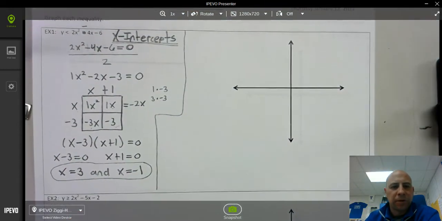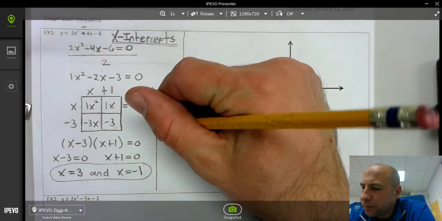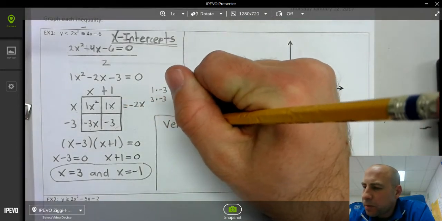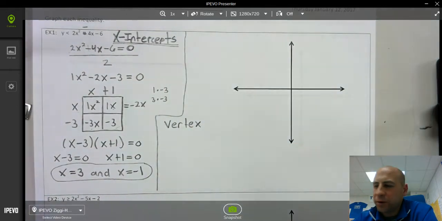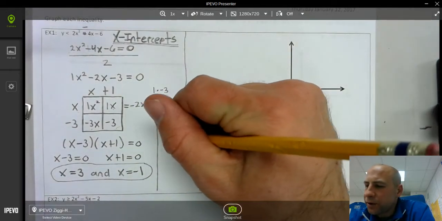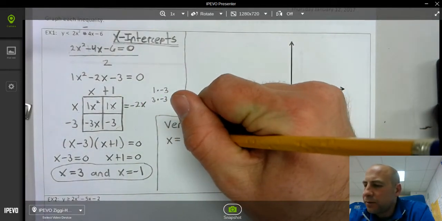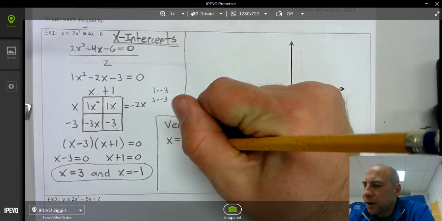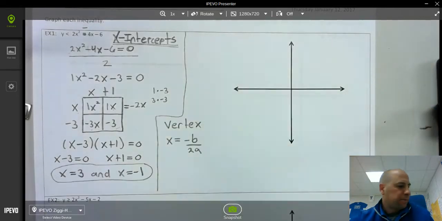All right. So now we need to find the vertex. So we're going to find the vertex using the formula that we've learned before. The x value of the vertex can be found using the formula negative b divided by 2a.